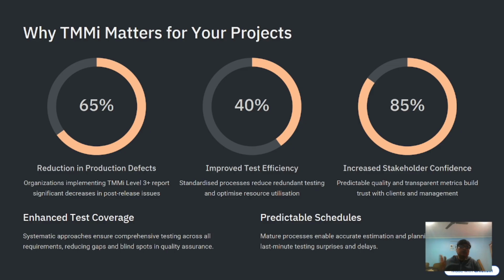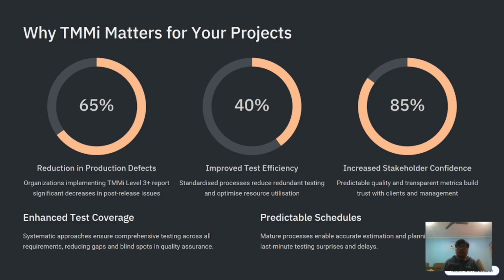And the major thing is stakeholder confidence. Everybody from the CEO level to the project manager level is concerned about quality, because that directly impacts the image of your organization. If something is failing in production, if something is failing in the live environment, that definitely hampers the image of the organization.